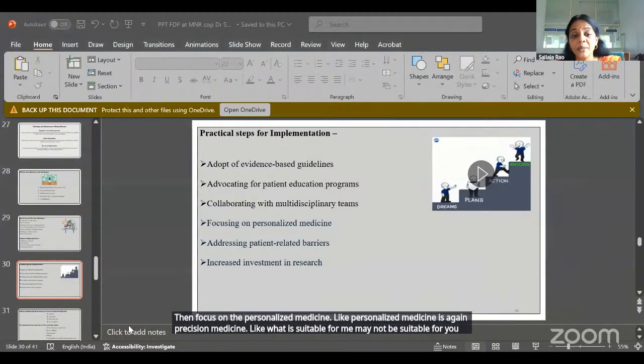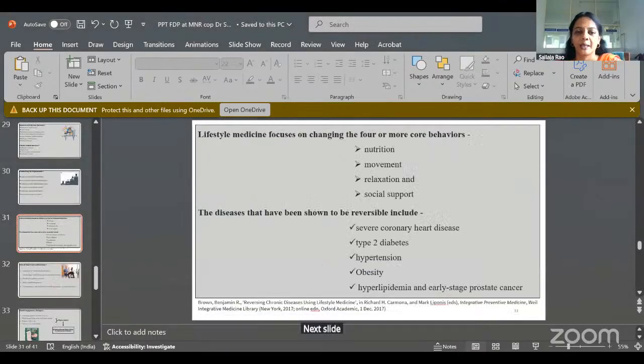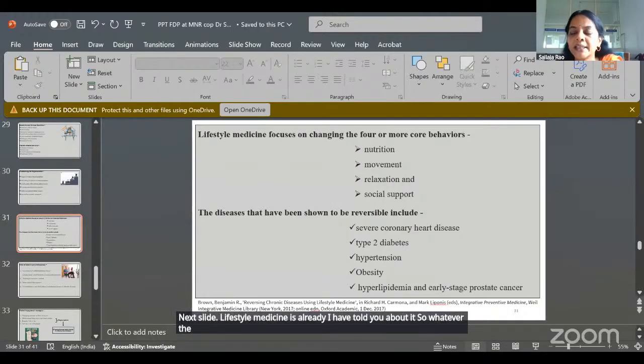Then patient-related barriers, then do some research so that you can get a good outcome. Next slide. Lifestyle medicine, this I have already told you about. Whatever lifestyle we are employing has to finally be beneficial for the patient, for the common man, for everyone. Next slide.